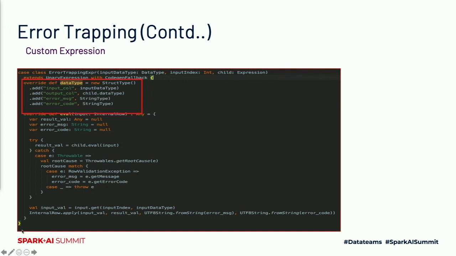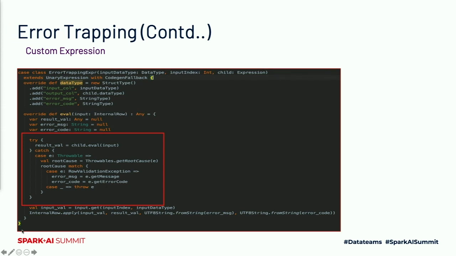The input column is nothing but the input that is passed to the child expression. The output column is the output of the child expression. And the error information is whatever errors happen during conversion and validation. With that, let's now look at the evaluate method, which is again very straightforward.